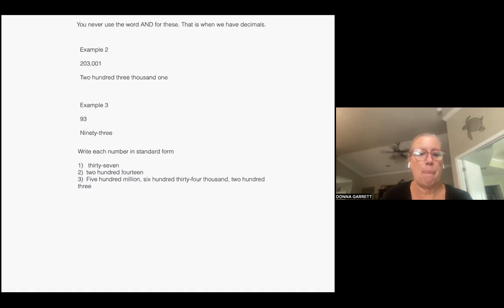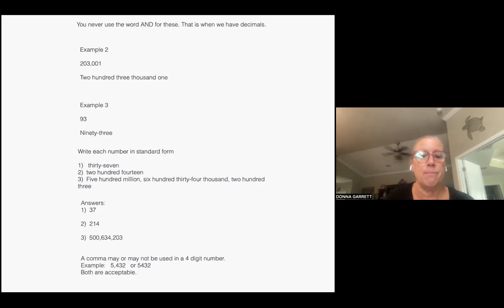Example: 5,432, you could type it as 5432. Both are acceptable. Sometimes you're going to see it with a comma. I always use a comma, but you don't have to use a comma for a 4-digit number. It can just be written without a comma.